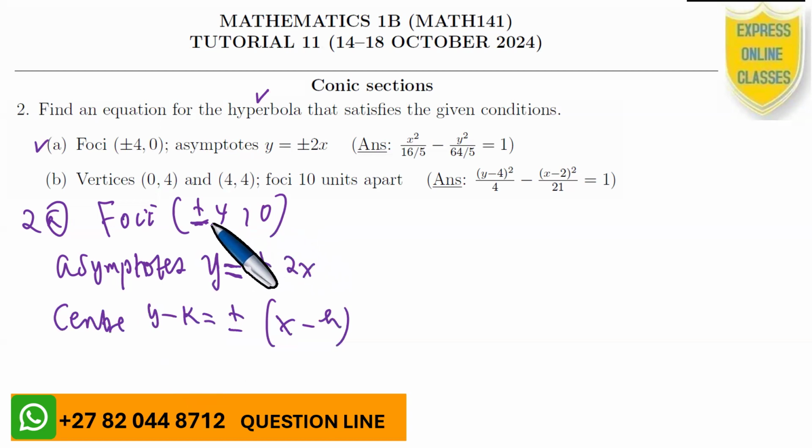But because of these foci, their numbers are sitting where? They're sitting on the x, because you have a -4 and a 4. It means, therefore, that the graph is somehow like this.